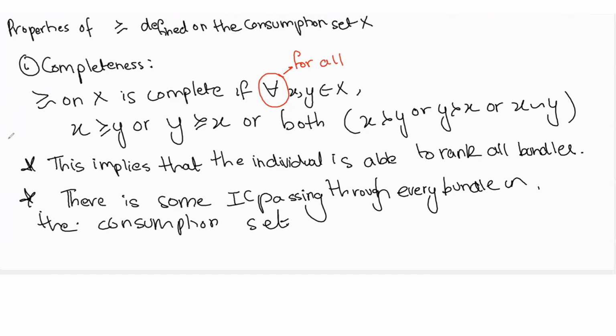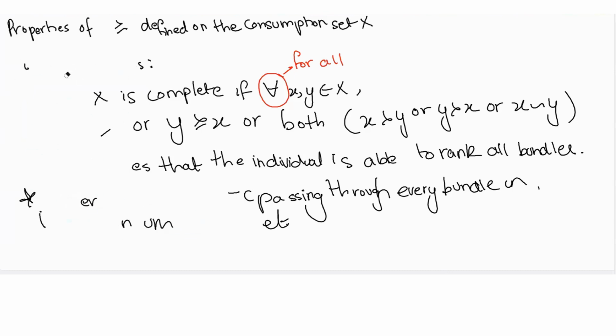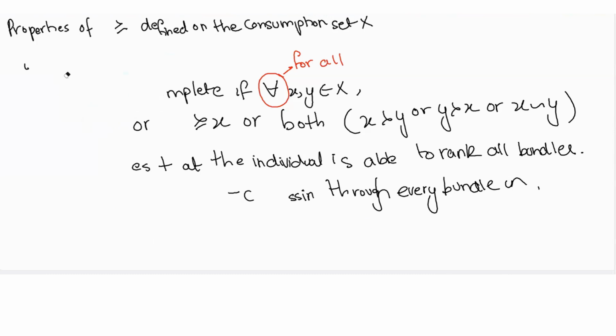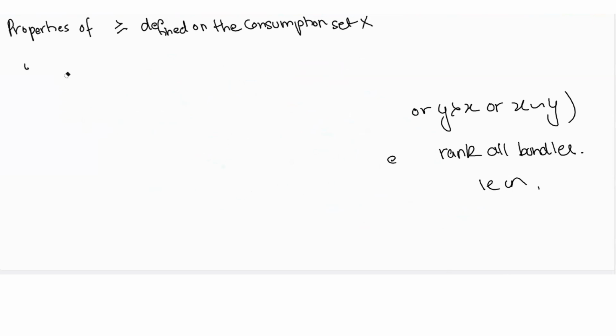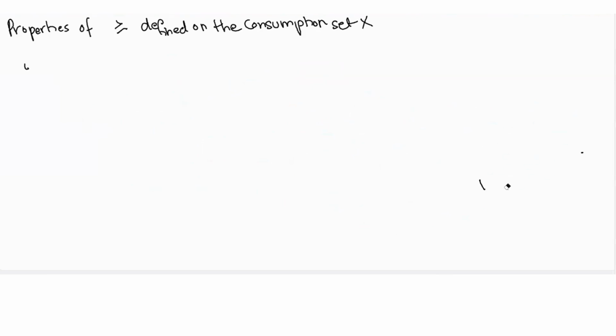Now let's look at the second property, which is transitivity. So let's just erase this out.